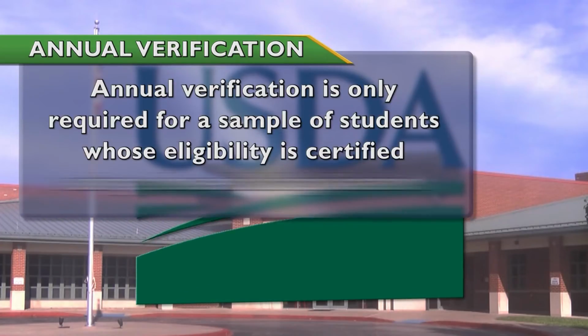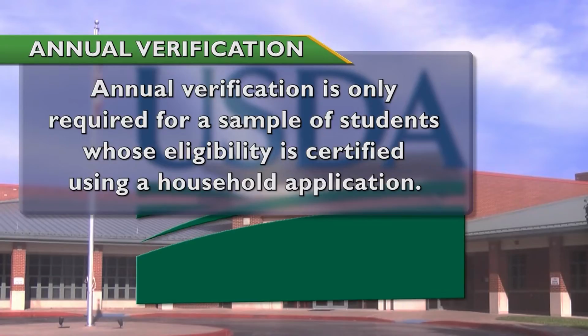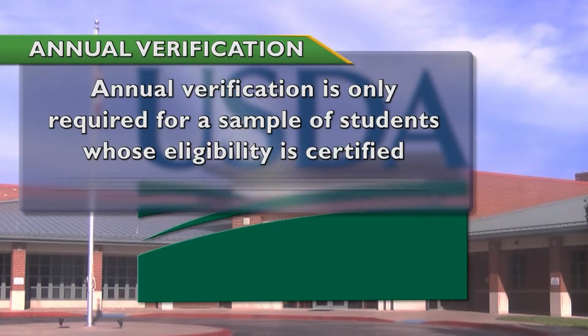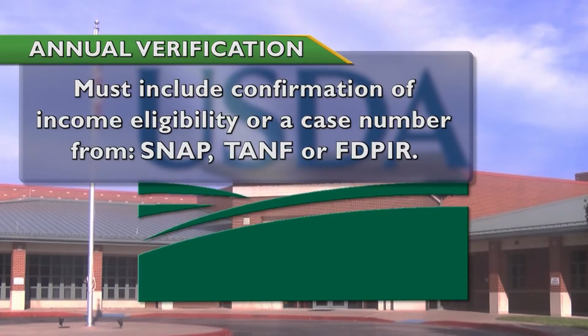Annual verification is only required for a sample of students whose eligibility is certified using a household application. Verification must include either confirmation of income eligibility or a case number for Supplemental Nutrition Assistance Program, the Temporary Assistance for Needy Families Program, or the Food Distribution Program on Indian Reservations.